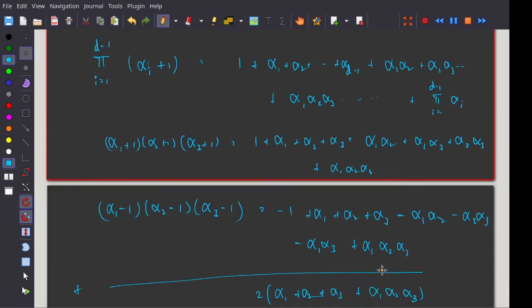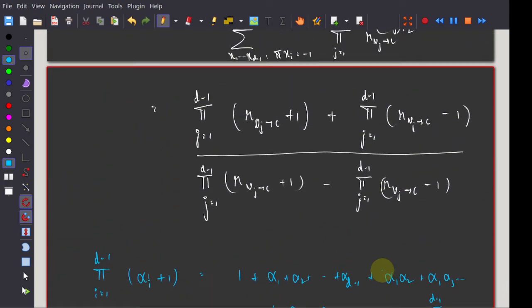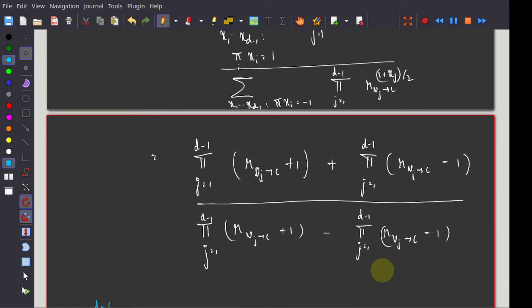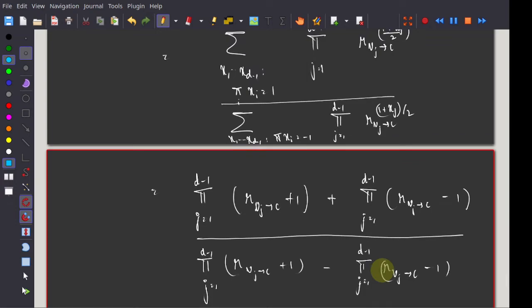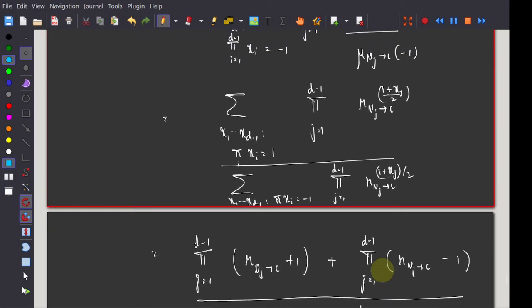Okay. Now, let me go back to what I basically wanted. What did I want? I wanted to multiply only those terms for which the product is equal to 1. So again, let's look at d minus 1 equal to 3.